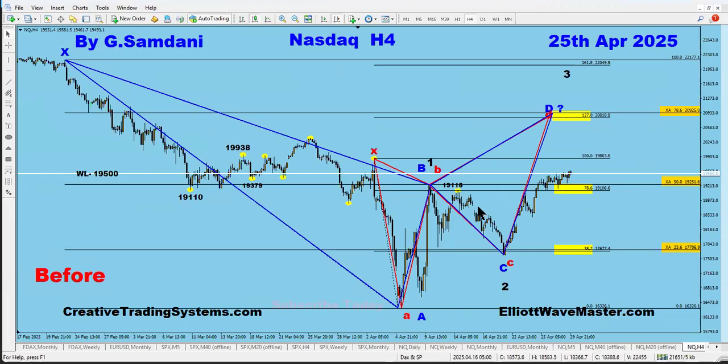Then it dropped here, which was exactly the 23% line, and then it started to rise. So I said, okay, now it's probably going towards 88%, but it's a long distance. So first things first, I said, let's go to 78% at least, and then we're going to have a little reaction from there, and then it might go up more or whatever, right?